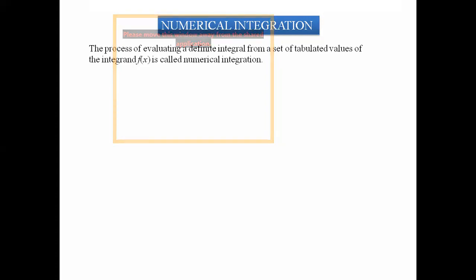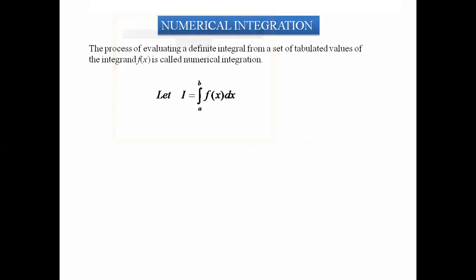That gives the value of that integral, that means the area under that curve. But finding the area of a rectangle is nothing but multiplying length and breadth. That we write in another form. So let us see how to do the integration of a function in a definite integral using this numerical method.